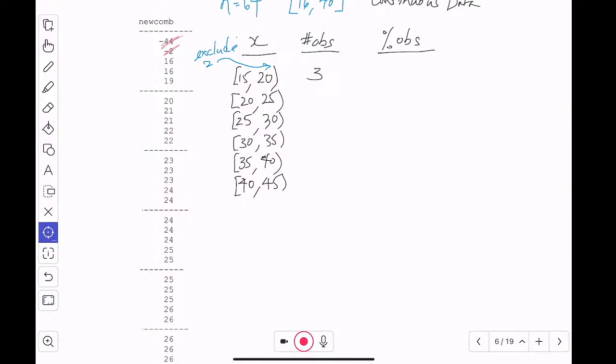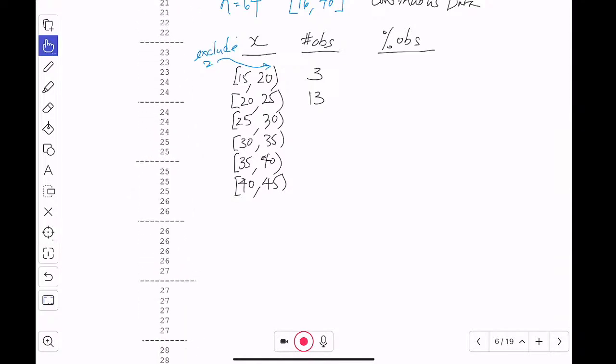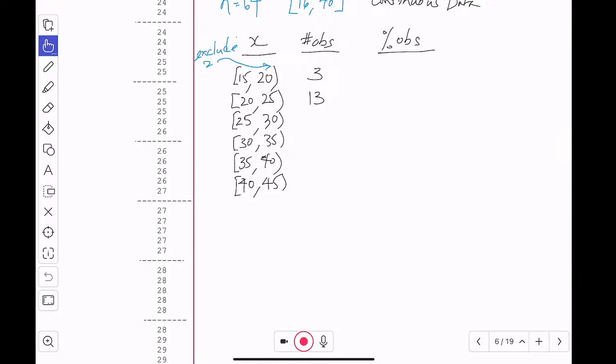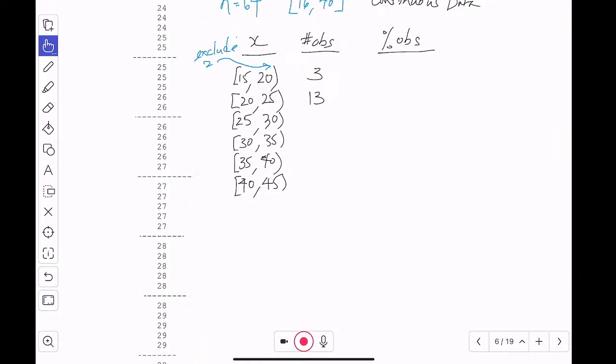And the next one, 20 to 25, is a little bigger. So there's 5, 10, 11, 12, 13. All right, so I said 5, 10, 11, 12, 13. I'm good at adding by 5s. The next one includes 25 all the way to 30, so this is a big one. So I'm going to count these groups first and then add in these ones here.